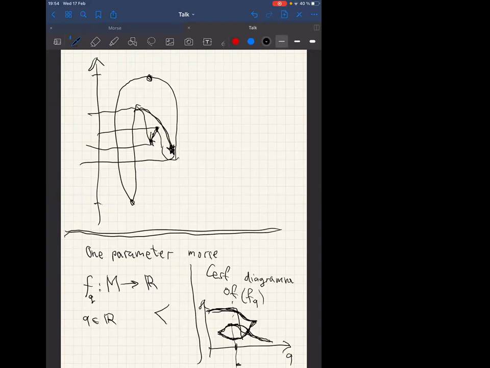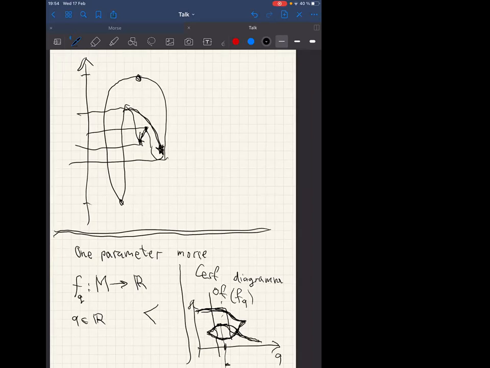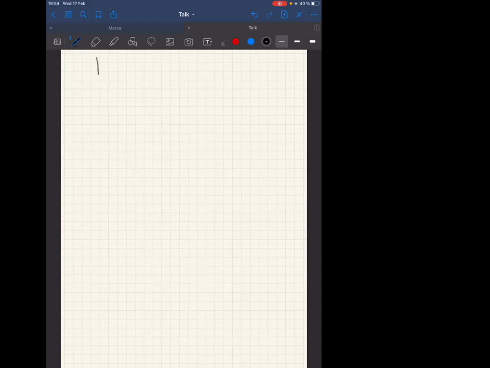Then in each vertical line, we have a decomposition into pairs and single elements, and to each pair we assign a number.